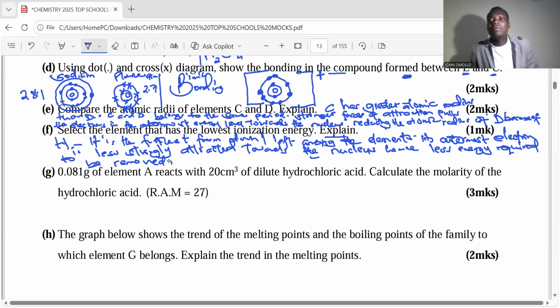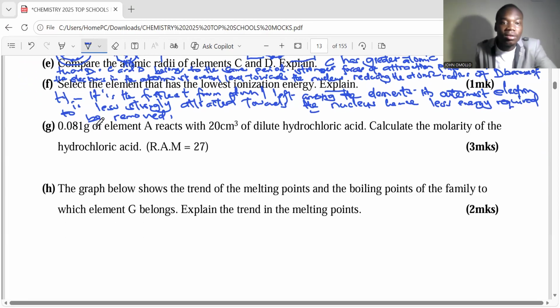Just like that. So we have seen that it is the farthest, and its electrons in the outermost energy level are less strongly attracted towards the nucleus, hence less energy required to be removed. The one that is weakly attracted towards the nucleus has less energy.